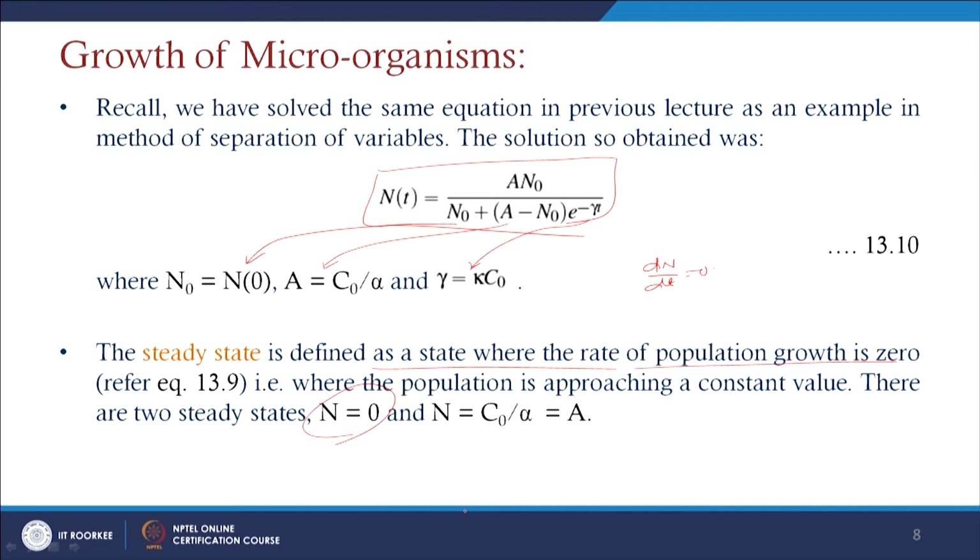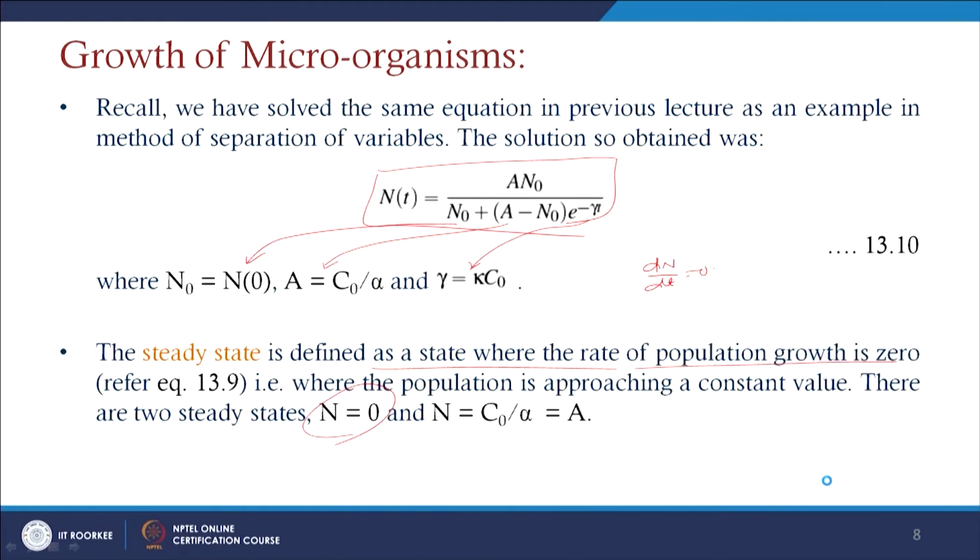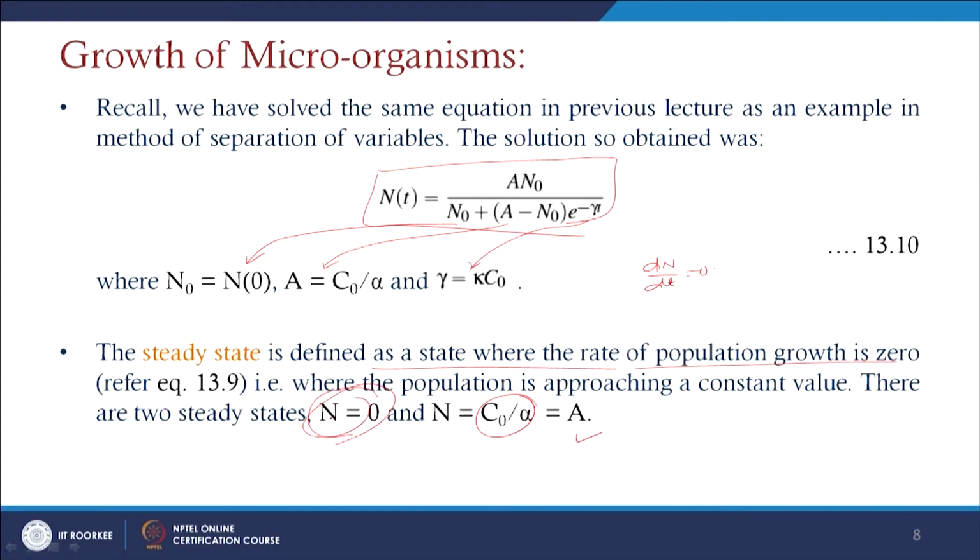For the other side, c 0 minus alpha n of t equals 0, so obviously n of t can be written as c 0 by alpha. So the steady state is achieved either when n equals 0, or when n equals c 0 by alpha, which is A.